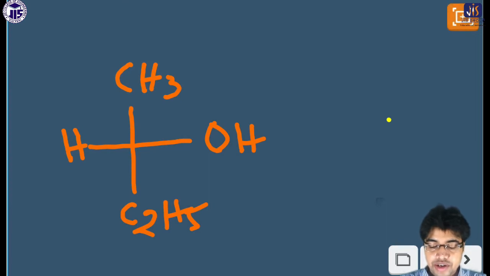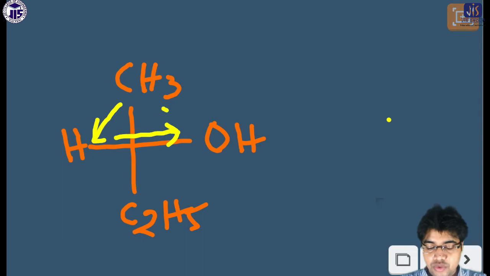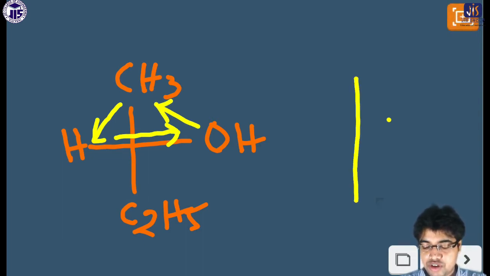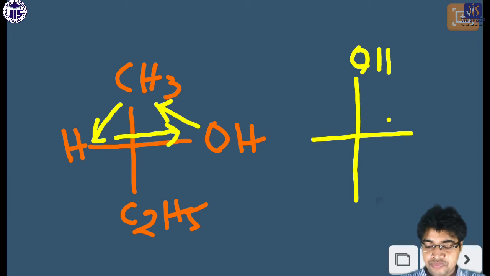Triangle means this CH3 may come here, H may go here, and OH may go here. Then if you write down the compound again after completion of the triangle, the compound will be OH here, H here, CH3 here, and C2H5 here.